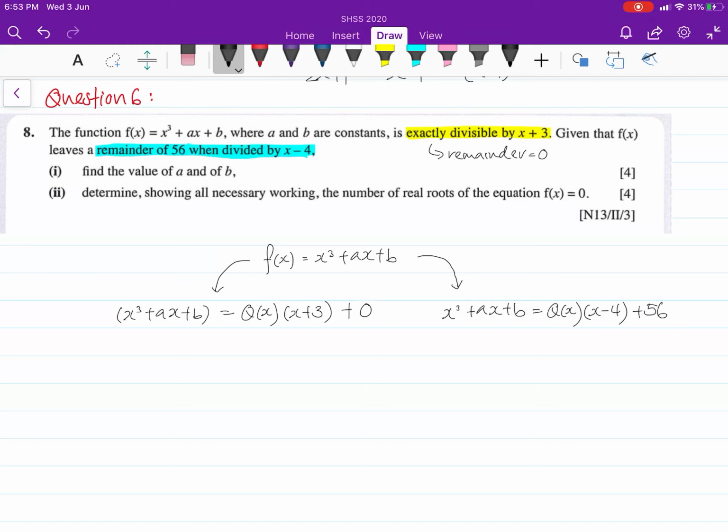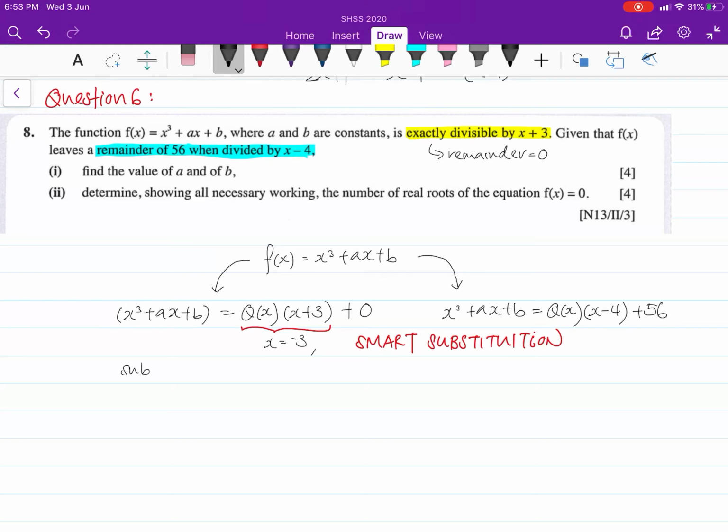Okay, from here we can do smart substitution. When we do smart substitution, what do we substitute? We want to make this 0. So we just need to substitute x equals negative 3.